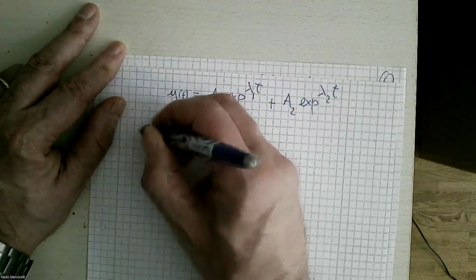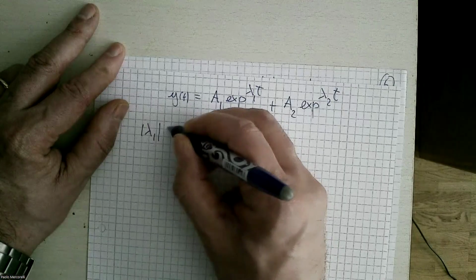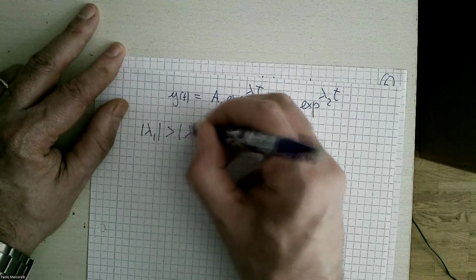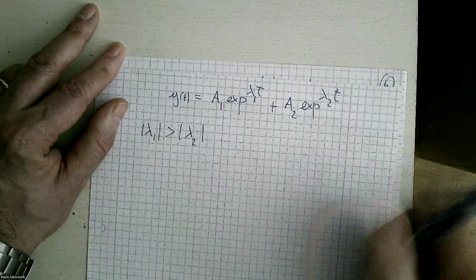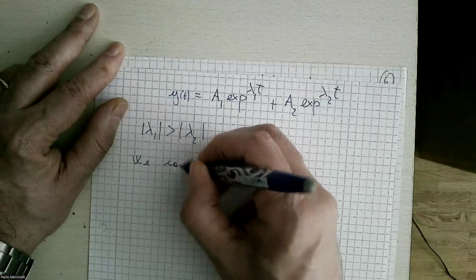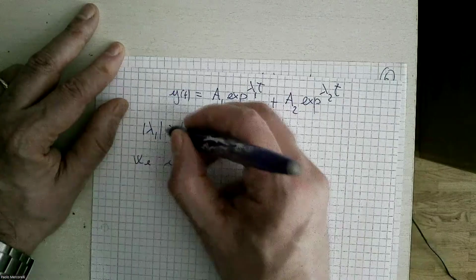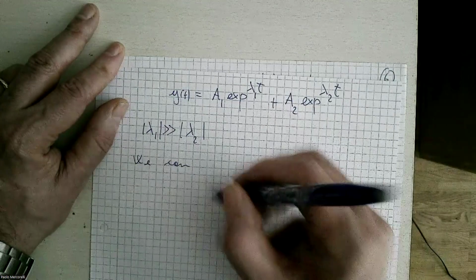Now, if lambda 1 in absolute value is larger than lambda 2, let me consider this. We can say, of course, much larger to be more precise, in order to understand the concept.